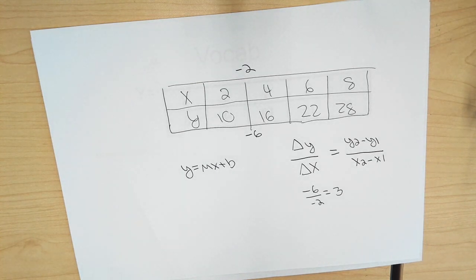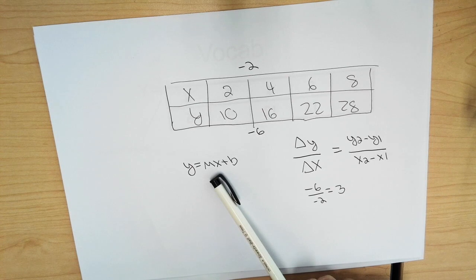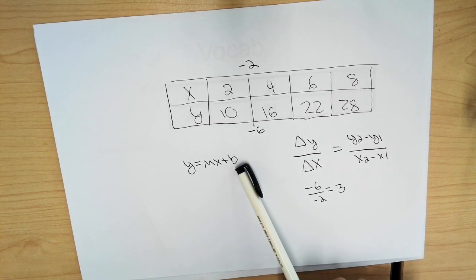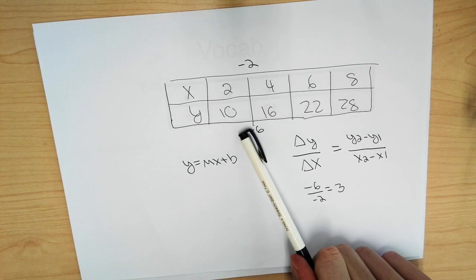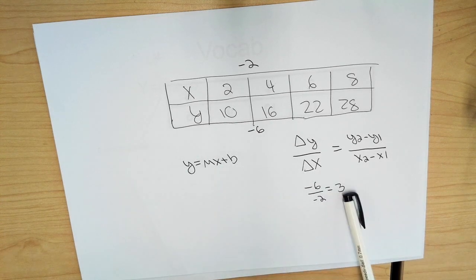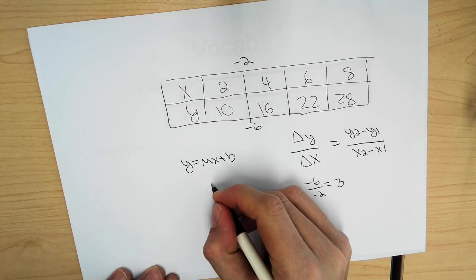We can go ahead and use our linear equation formula to figure out what it will look like. Remember, m stands for slope and b stands for y-intercept. We're not sure what the y-intercept is yet, but we've determined what our slope is, which is 3.